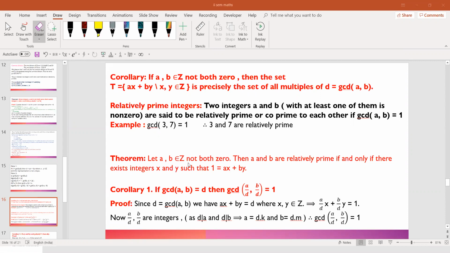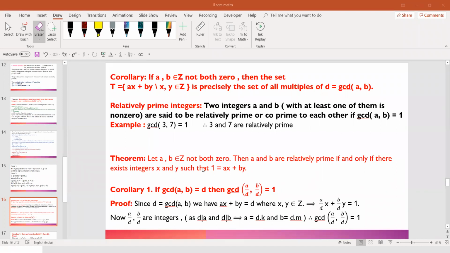There are two parts in the theorem. If they are relatively prime, then there exist integers x and y such that 1 can be written as ax plus by. The converse is also true: if ax plus by equals 1, then a and b are relatively prime.